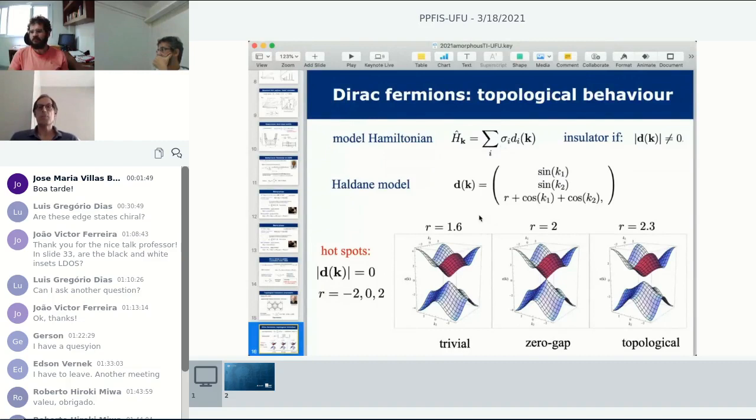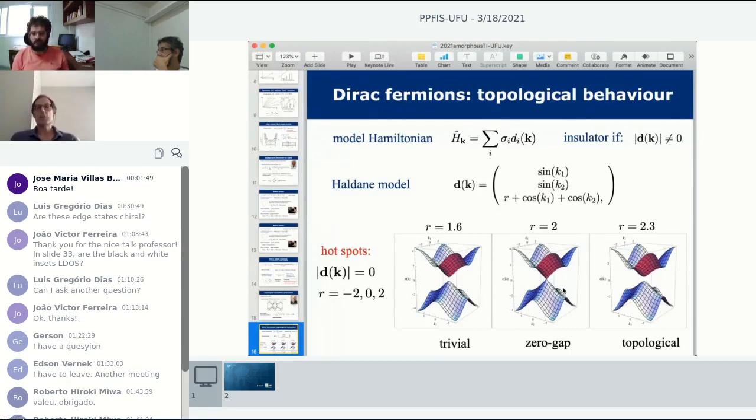Just by tuning some parameters, he showed that you can go from trivial to zero gap and to topological. So you have a topological, a quantum phase transition, just by changing this parameter R, right?